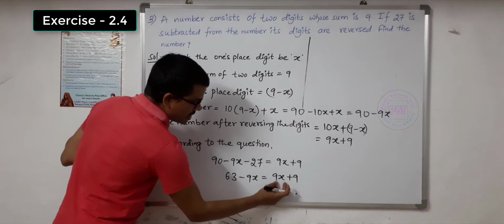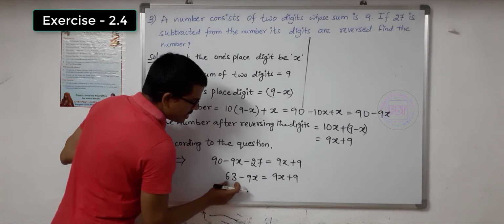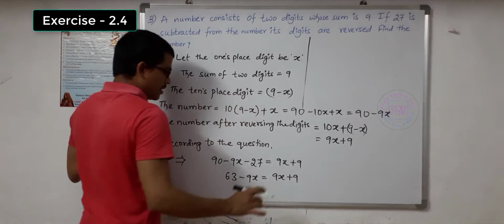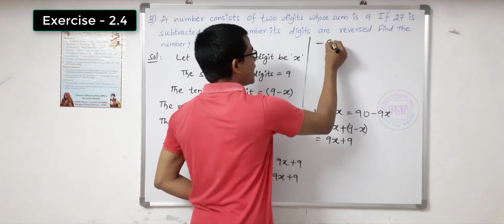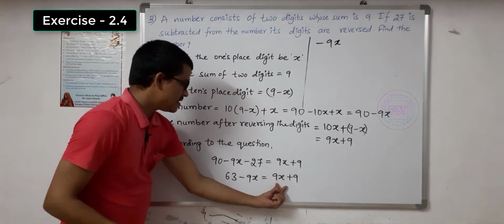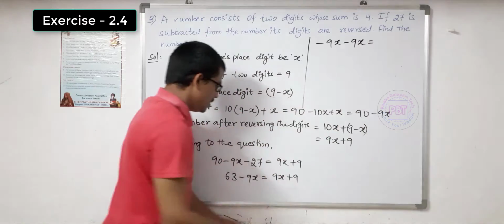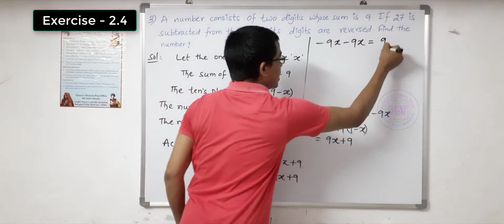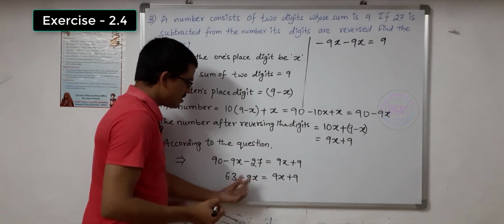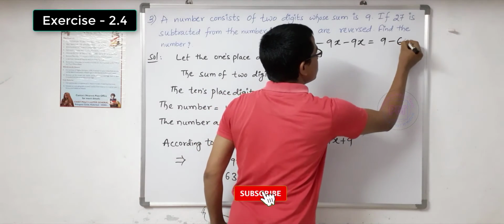Now I am transposing 9x to the left hand side, 63 to the right hand side. Now it becomes minus 9x minus 9x, that equal to plus 9 here, and 63 becomes minus 63.